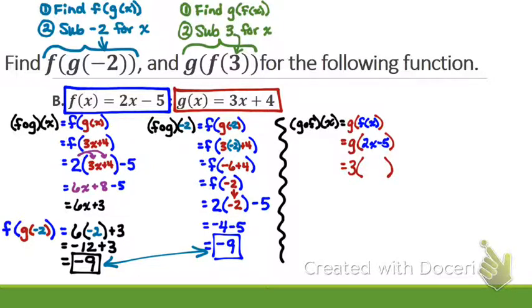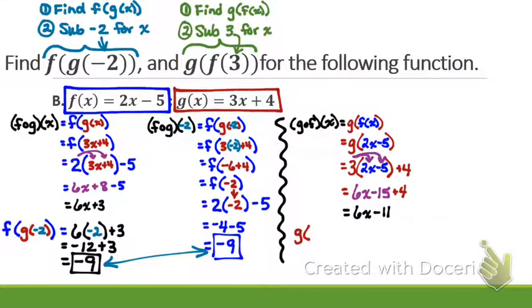So I would have 3 times 2x minus 5 plus 4. Then I need to distribute. What would that give me once I distribute? 6x minus 15. Bring down that plus 4. So when I put all the pieces together, what do I have? 6x minus 11. That's what I'm going to substitute 3 into.